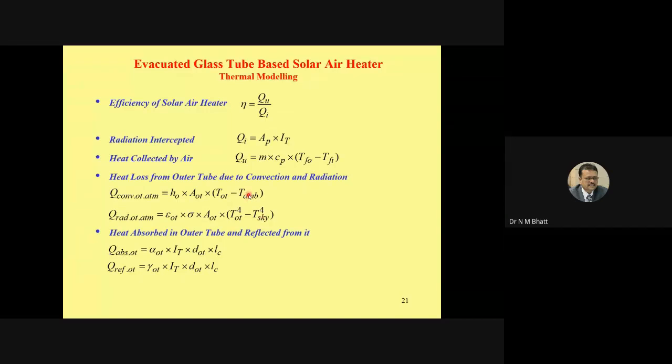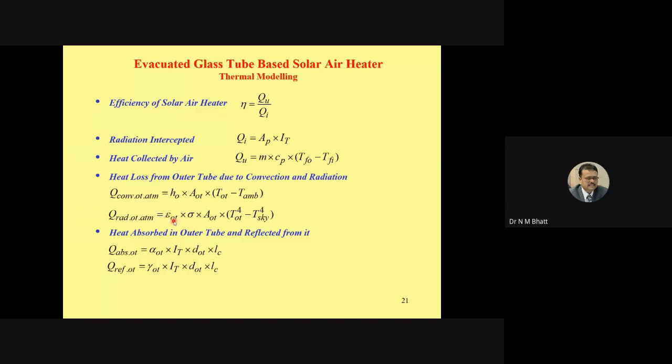The simplest correlation is T_sky equal to T_ambient minus 6 Kelvin. Some other correlations are also available in various literature, so you can use those relations, but we have observed that the difference is always very close to 6. Sometimes it is 5 point something or 6 point something, but if you round it to an integer, it is always 6.